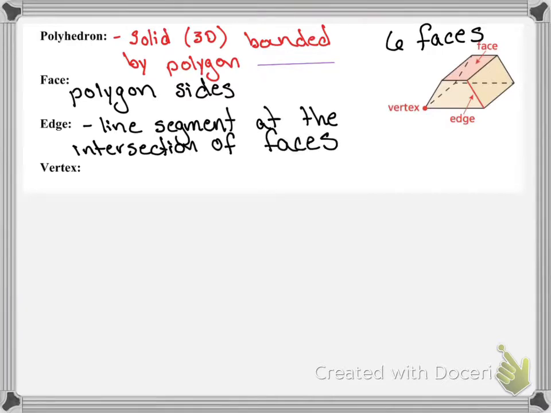So here's an edge right here, here's an edge right there, there's one here. Anywhere the faces meet and create that line segment, we call an edge. And our vertex is a point where the edges intersect.